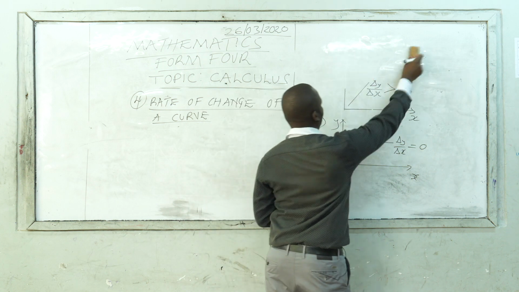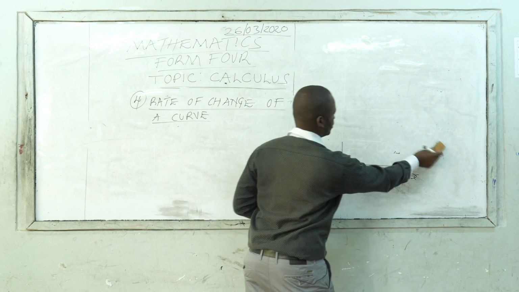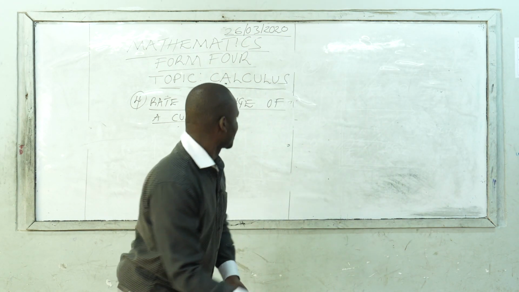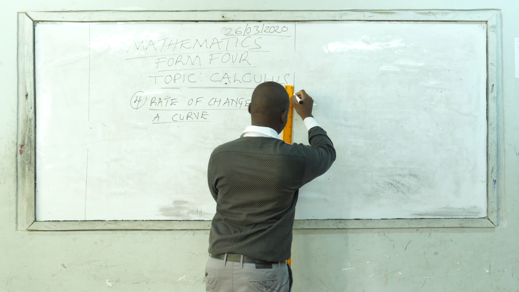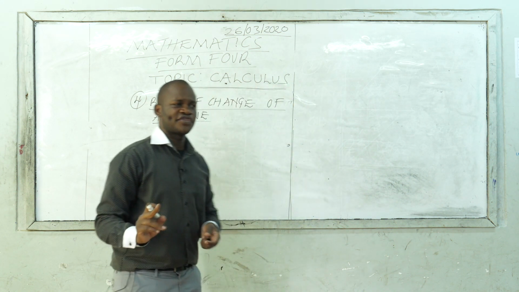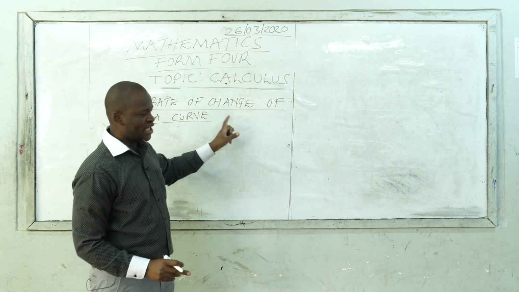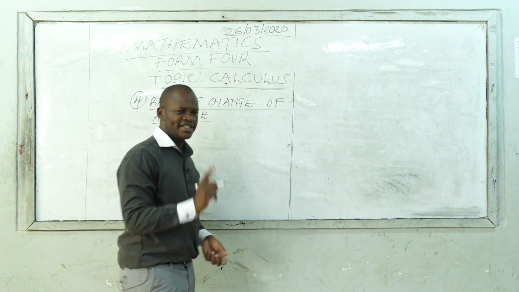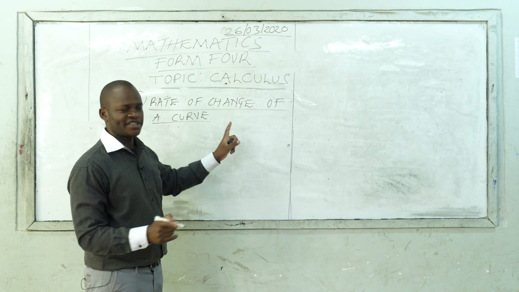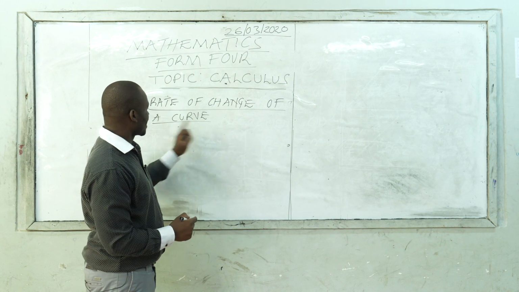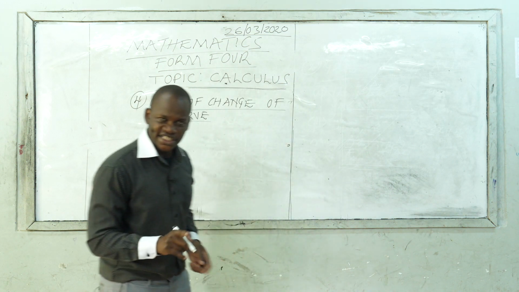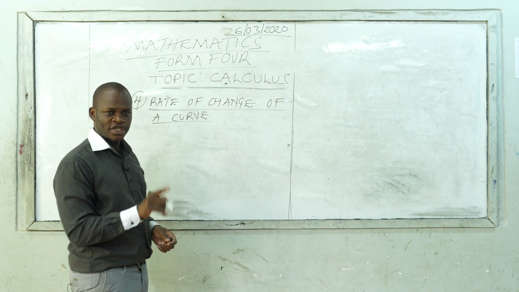Okay, now how does the gradient or rate of change of a curve differ from that of a straight line? Remember, the first key thing I mentioned in regard to the rate of change of a line was that it is a constant. Now, when you come to a curve, we have a different case. For a curve, the rate of change is not a constant, but varies from point to point.